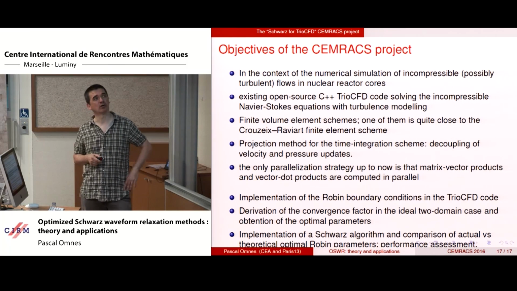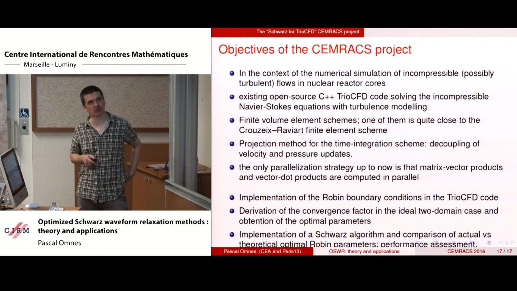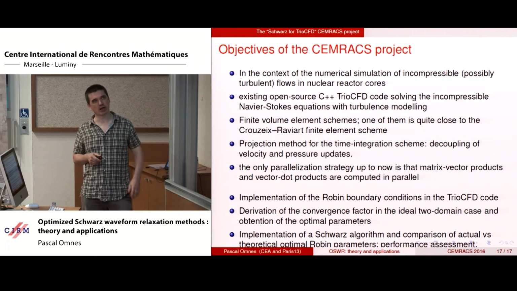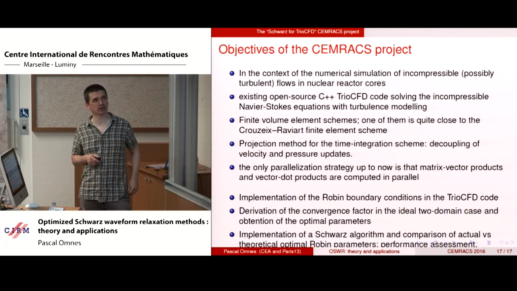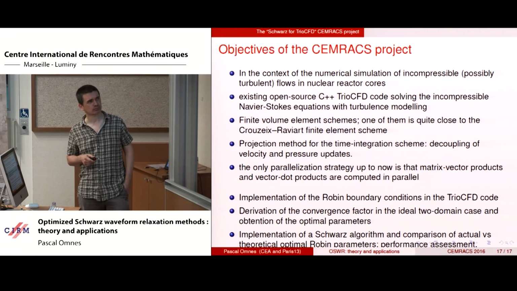Then we have to derive the convergence factor in the ideal two-domain case to try to optimize the Robin parameters.